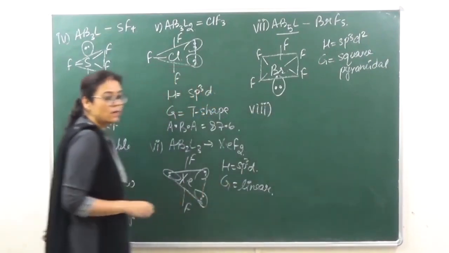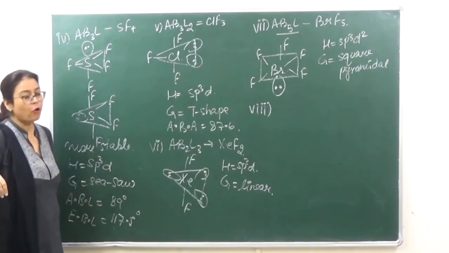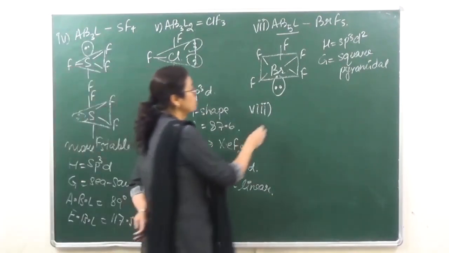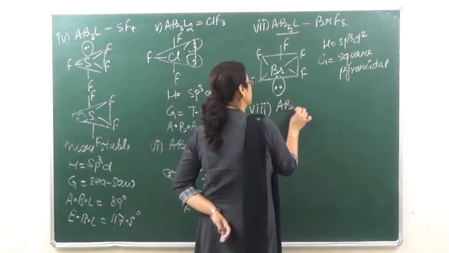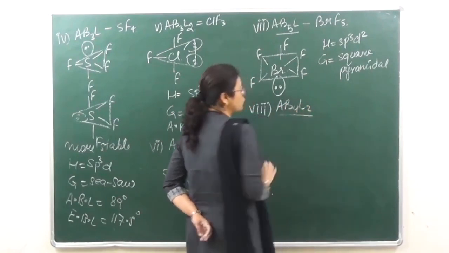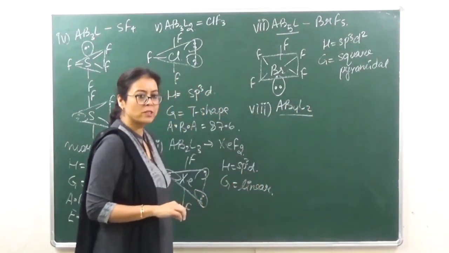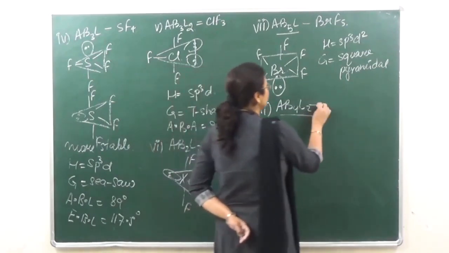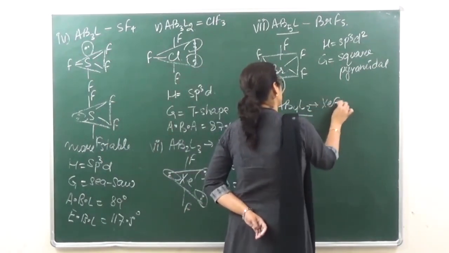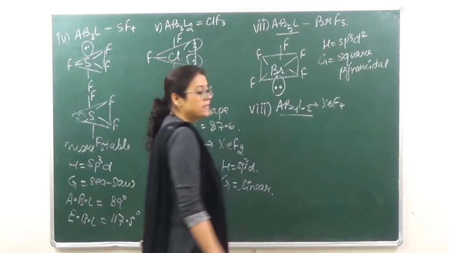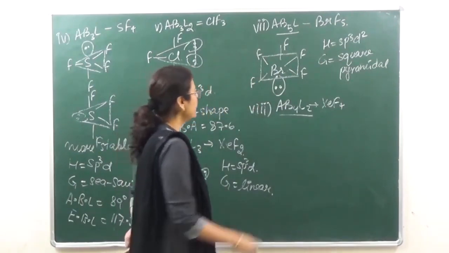Square pyramidal. The last which we are going to do, that is AB4L2. So there are 4 bond pairs and 2 lone pairs over here. Example आ गया HCF4, ठीक है?